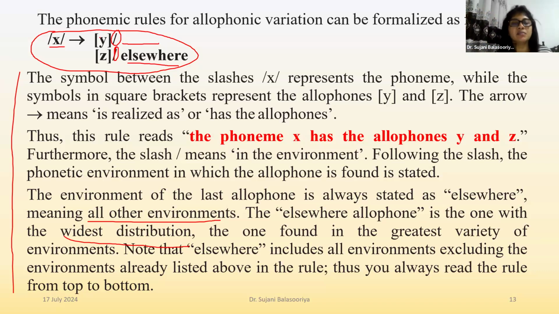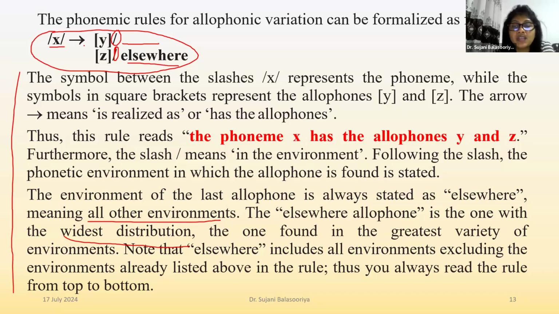That is why we have the word elsewhere, because we can't mention the phonetic environments specifically one by one. The distribution is so wide. It is the one found in the greatest variety of environments.